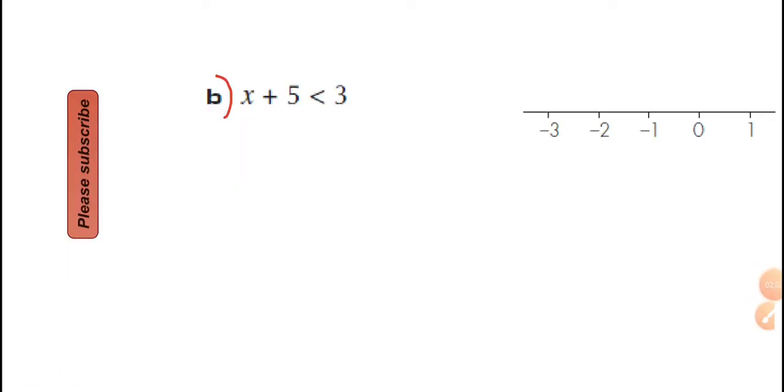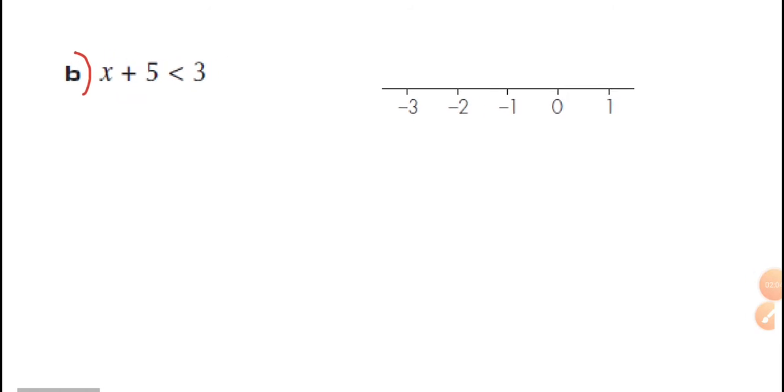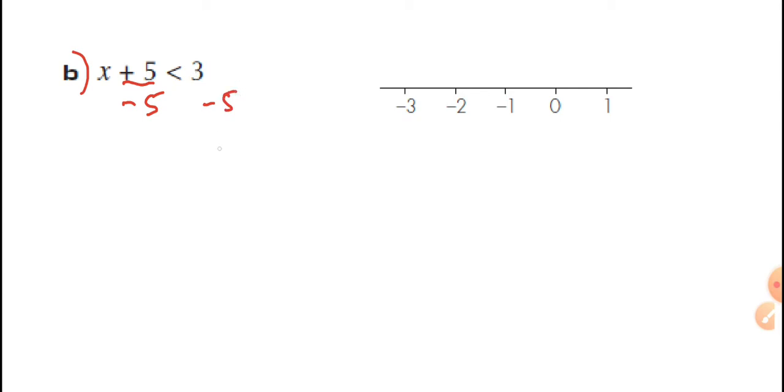Question B. We want the x on its own, so we have to get rid of the plus 5 here. To do that, we have to take away 5 on this side, take away 5 on the right hand side. On the right hand side, 3 take away 5 is minus 2.